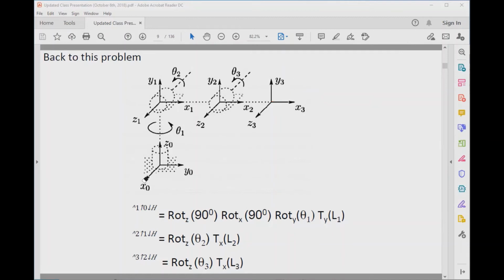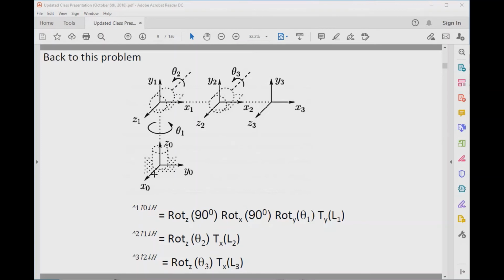What would be the rotational transformation between the base and frame 1? The first component is the rotational transformation, so you have to express x1, y1 in the base frame, giving you rotation r01. Y1 is going to be 0, 0, 1, because it's along z0. How about x1?